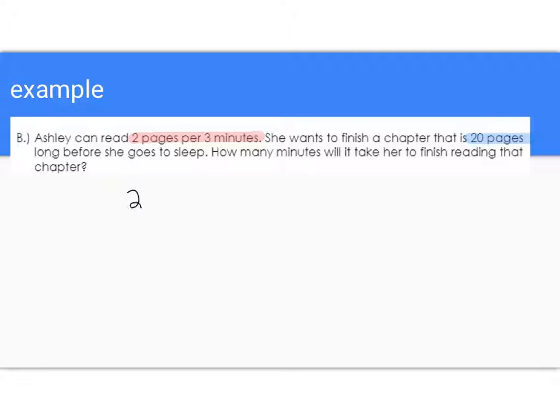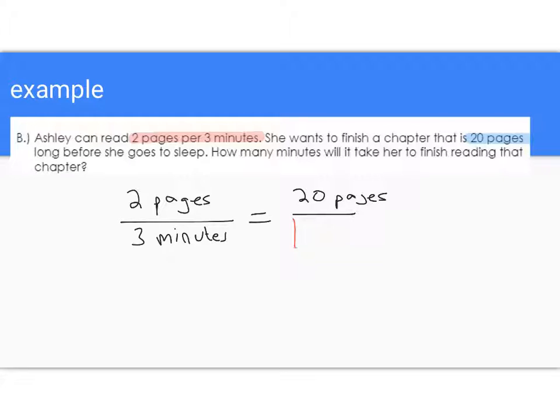So I have 2 pages over 3 minutes, and my target is 20 pages, so to match the first ratio it has to go on top. And this is what I'm trying to find.